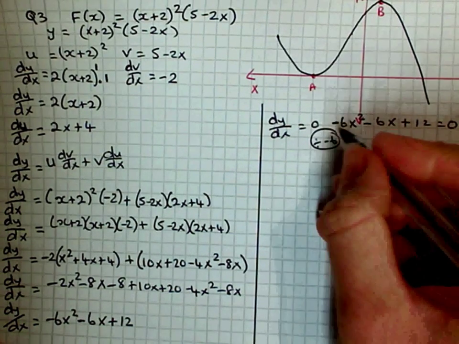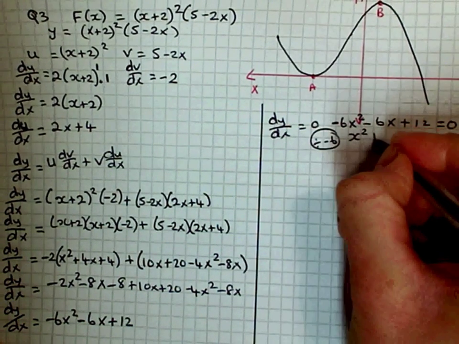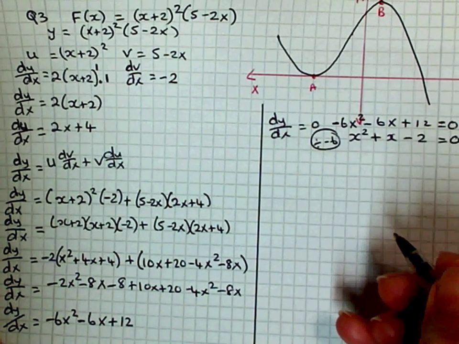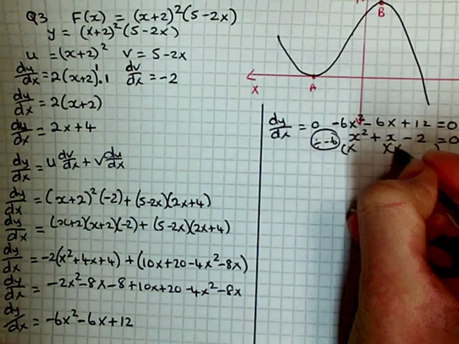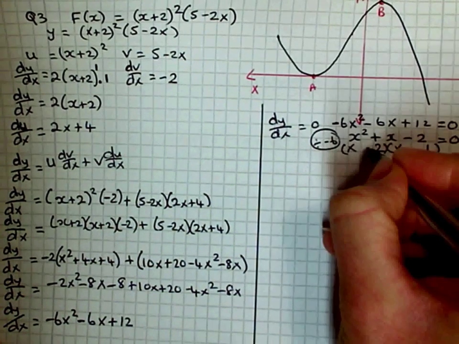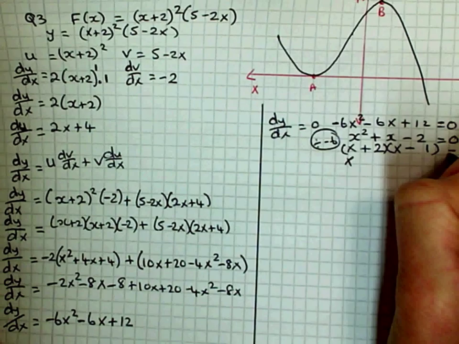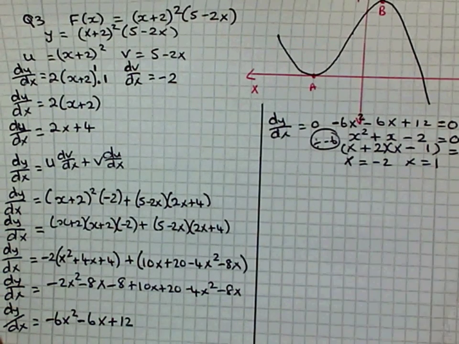I can do this because it's equal to 0. So that's x squared plus x minus 2 is equal to 0. To factorize that, x and x, we have 2 and 1, and we have plus 2 and minus 1. So x is equal to minus 2 and x is equal to 1.